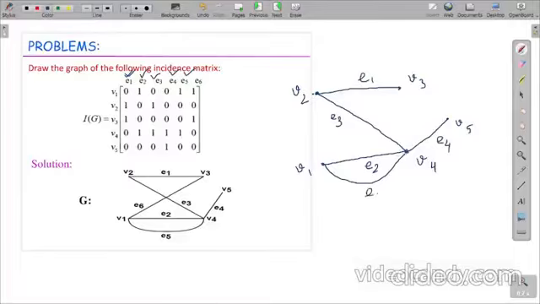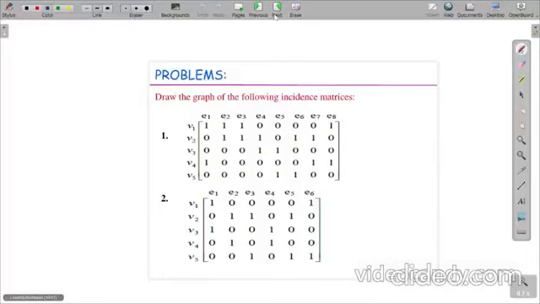That is E5. E6 connects V1 and V3. That is E6. This is the writing pattern of our graph. Now this is the graph. So you do it in this way. There are another two matrices given. You have to draw their graphs. I think you can easily do it.